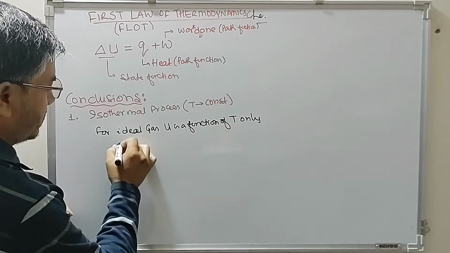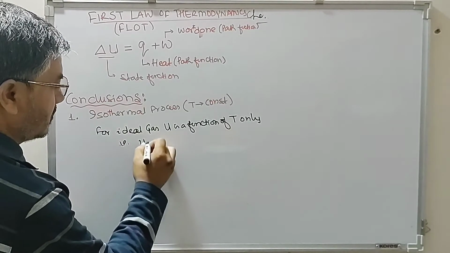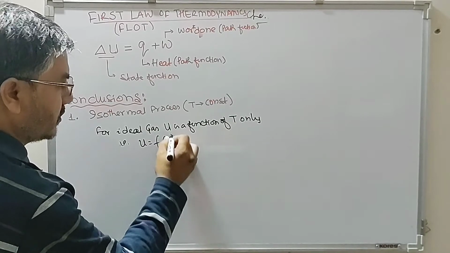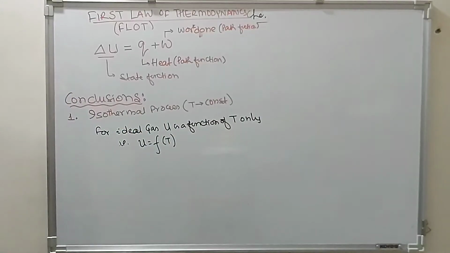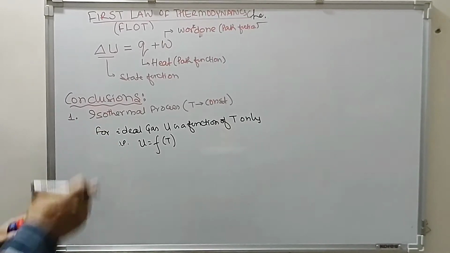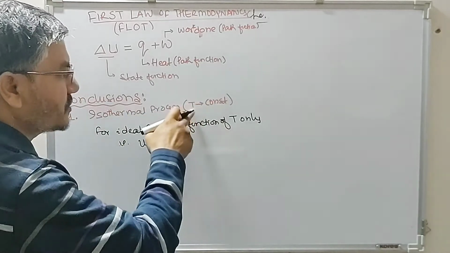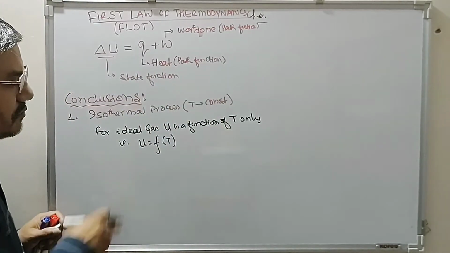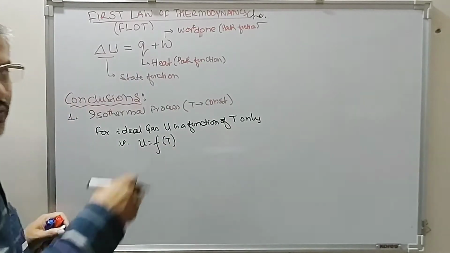So that is, U is a function of temperature, but if temperature remains constant, then this delta U will be 0 for an isothermal process. So look at it, in an isothermal process temperature remains constant, but U depends only on temperature.